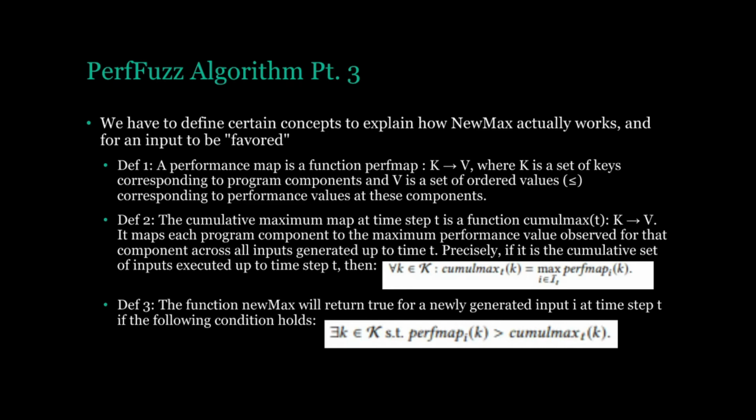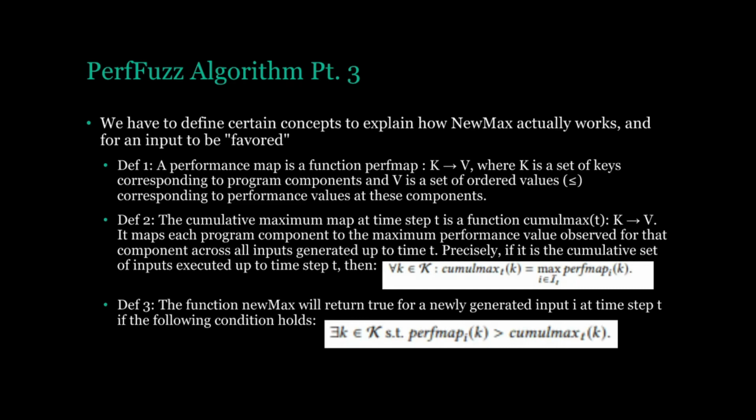Recall that in line 10 of the algorithm, if there is a new maximum or new coverage, that input is added to the parent group, large P. Coverage is implementation specific, so we'll touch on that a bit more when we talk about the actual implementation that SSLP went with.